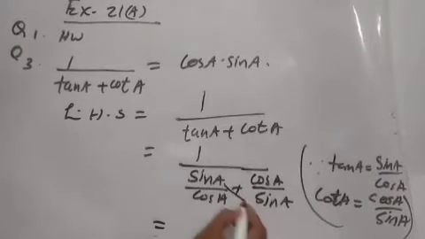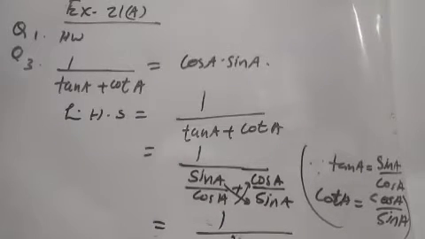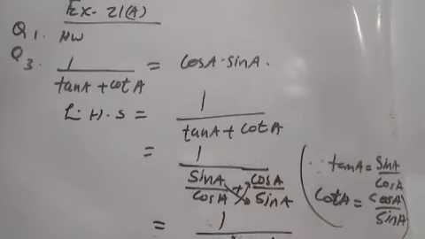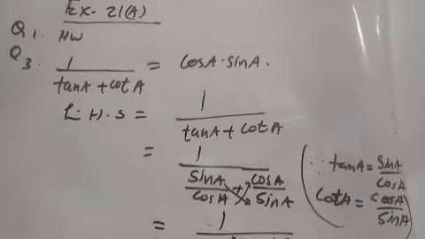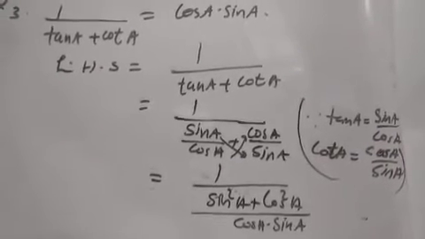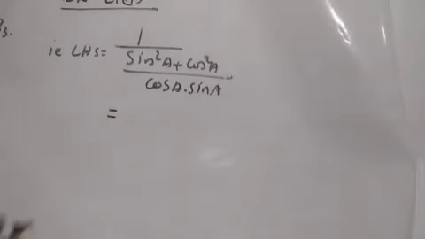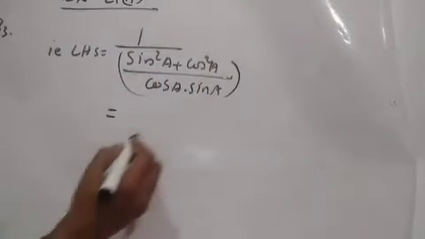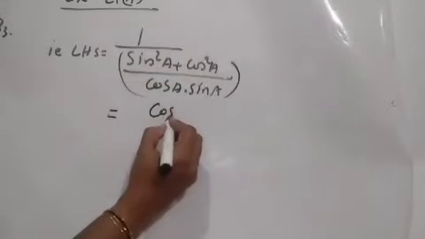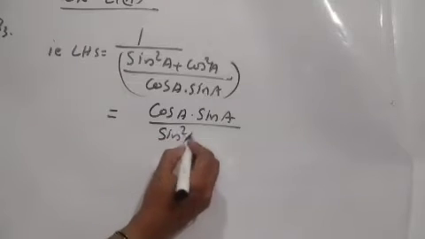Now let us simplify this. 1 divided by sin into sin, sin square A, plus cos into cos, cos square A, by cos A sin A. What is the reciprocal of this, sin square A plus cos square A by cos A sin A? Yes, that is cos A sin A by sin square A plus cos square A.